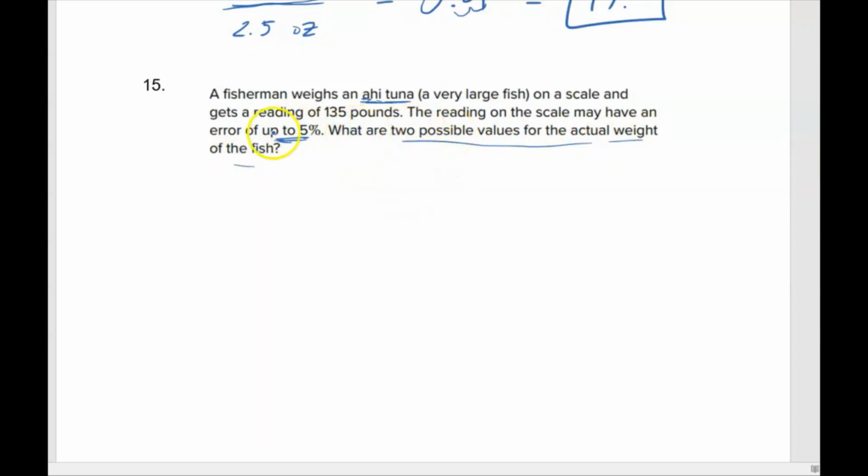Okay, so there could be an error of up to 5%. The first thing we need to do is figure out what is 5% of 135. So I'd do 0.05 times 135, and I'd come up with 6.75. And if you think about it, this should be in pounds.